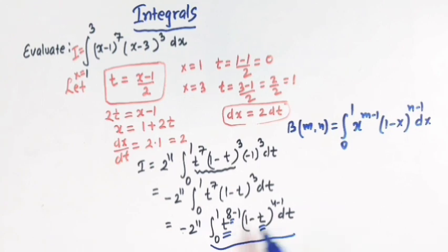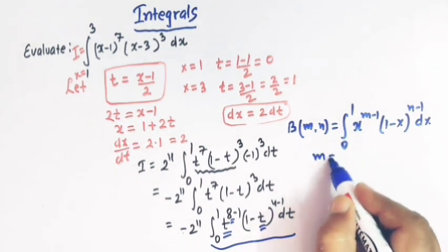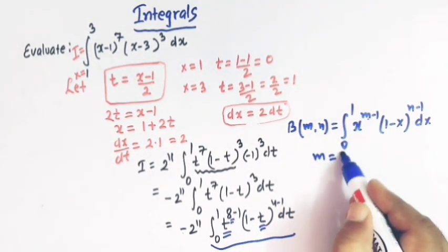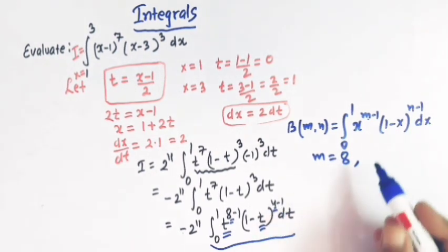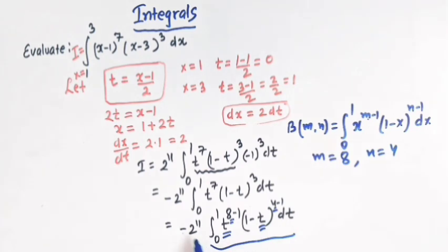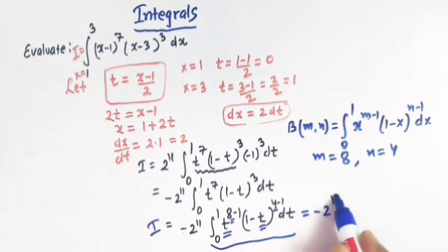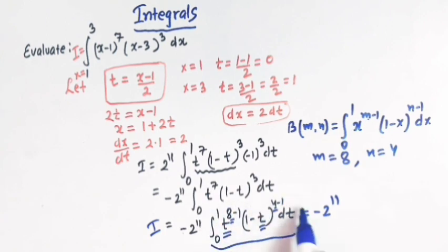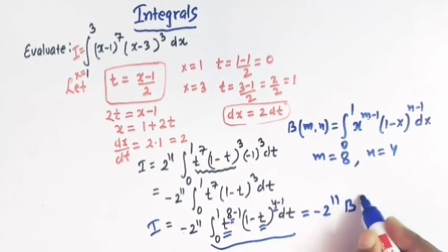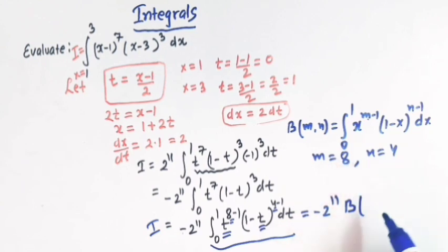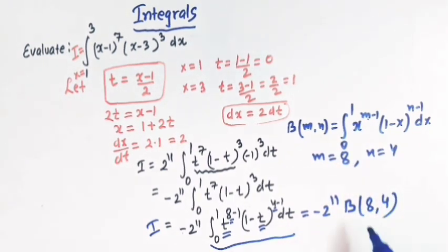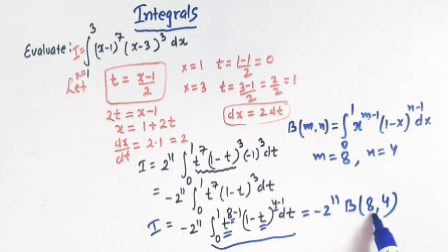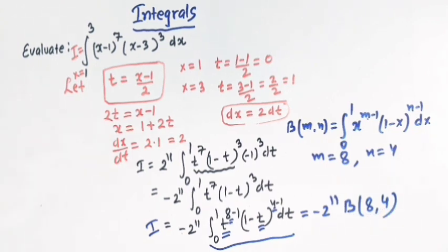So comparing this integral with this one, the value of m is equal to 8 and the value of n is equal to 4, right? So now this integral I is minus 2 raised to 11, and this one is equal to beta m n, and m is 8 and n is 4, right? So now we have beta of 8 comma 4.